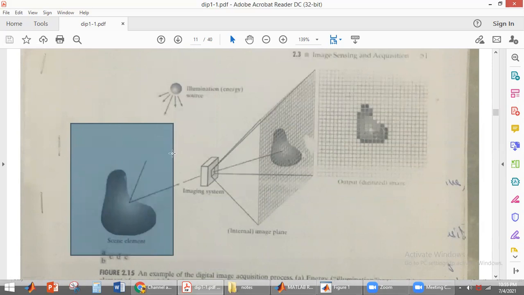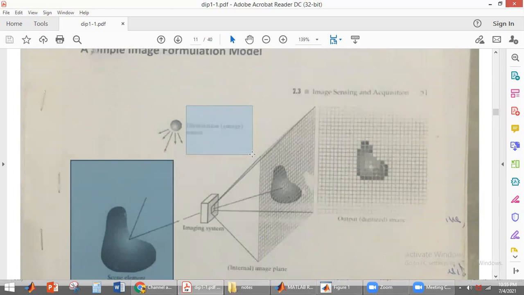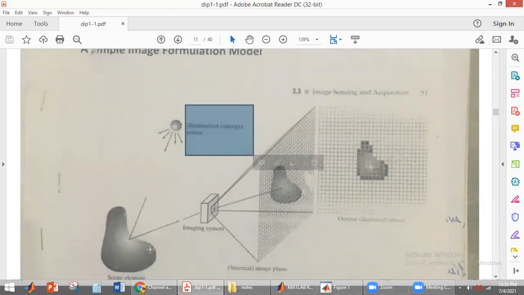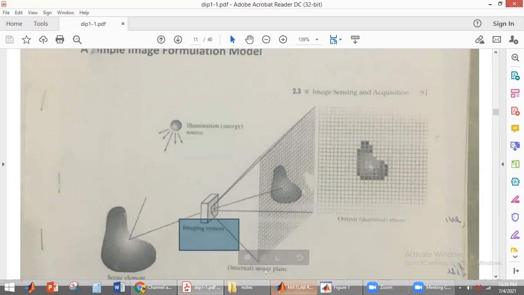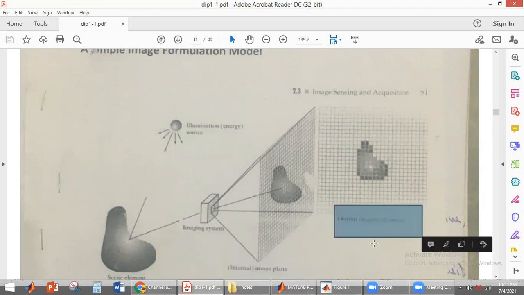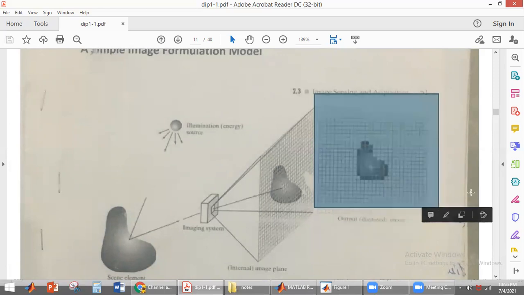The intensity value depends upon both the illumination energy falling on the object and the energy reflected from it. Using the imaging system, this is placed on the image plane, which is nothing but the digital image. That is how we get a digital image, by mapping the object onto the image plane using the imaging system.